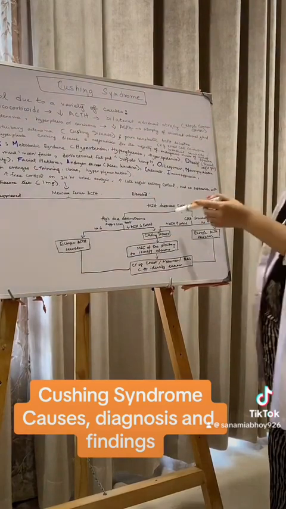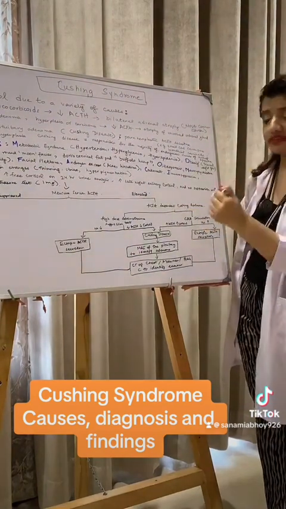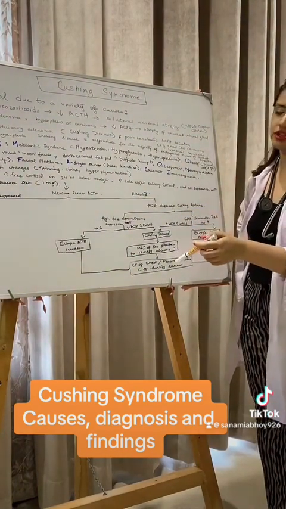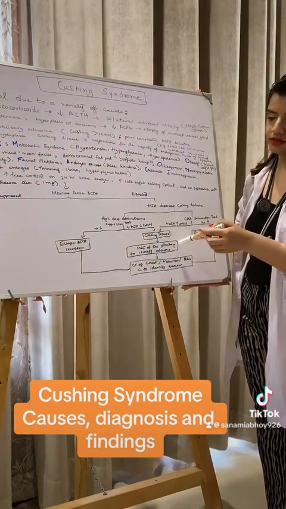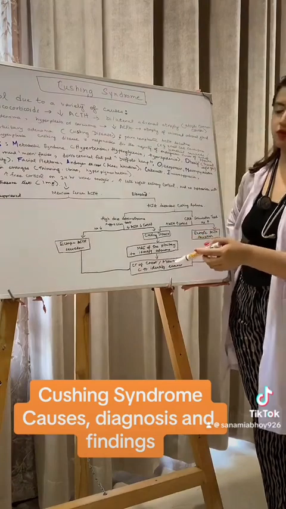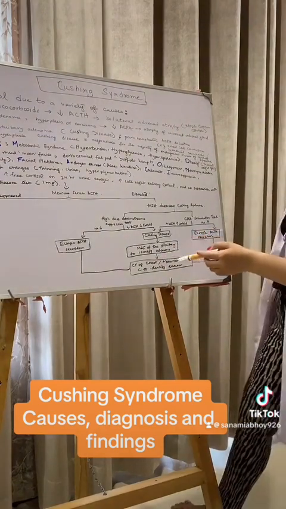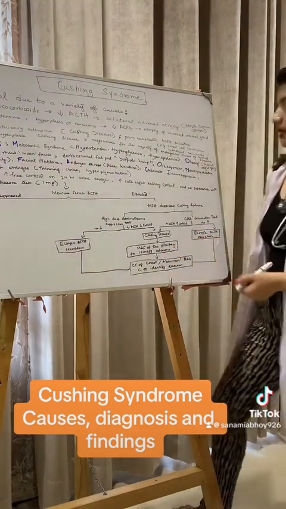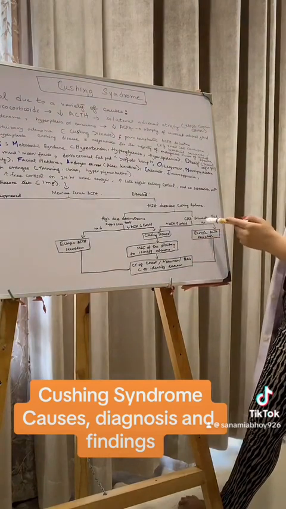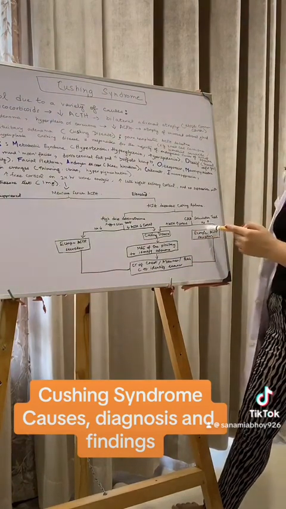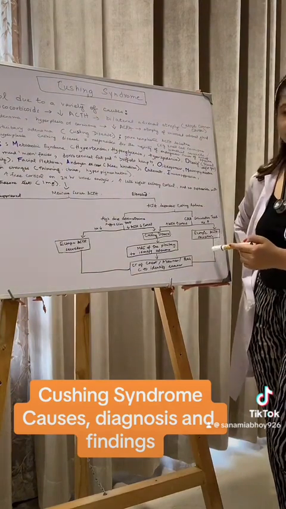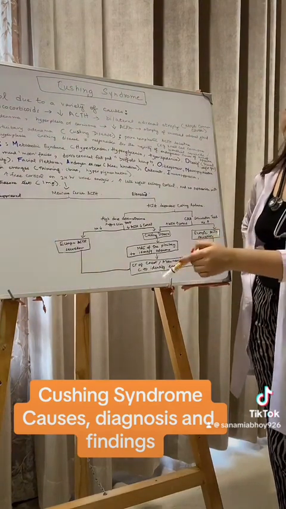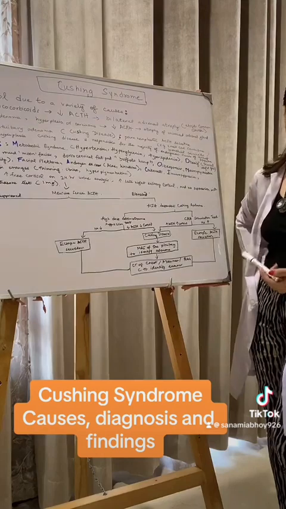If ACTH and cortisol are increased, then we will diagnose Cushing disease, and therefore we'll get the MRI of the pituitary gland to identify the adenoma, and we'll also get the CT of the chest, abdomen, pelvis to identify the tumor. Now, if the CRH stimulation test is not positive, then again we have ectopic ACTH secretion, and therefore again CT chest, abdomen, pelvis; we don't need to get the MRI of the pituitary gland.